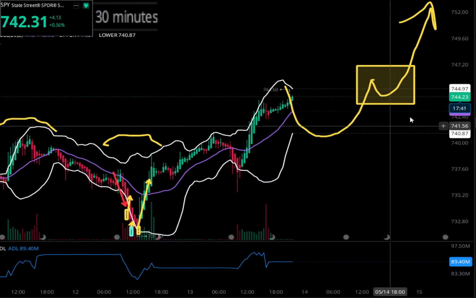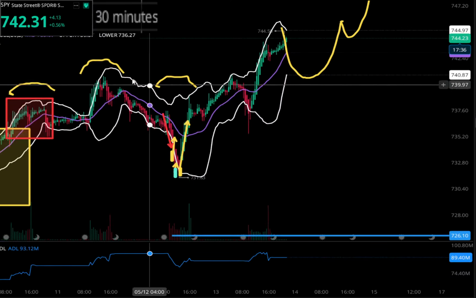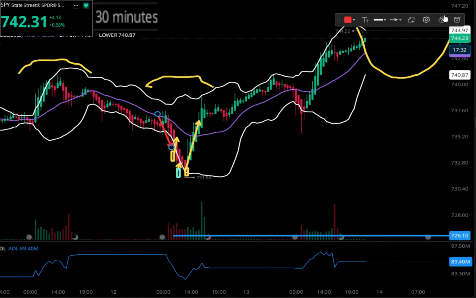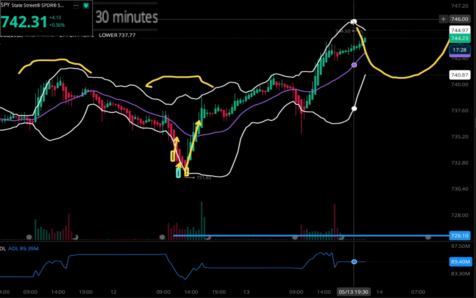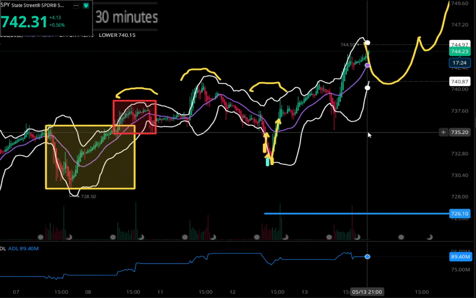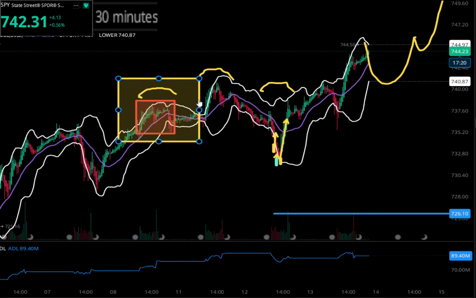It does help to think of this as Lego pieces, how one piece is going to build into the next, how one structure can look like one thing for a moment and fairly quickly change into something completely different. But it is very important to identify whether the structure is bullish or bearish.